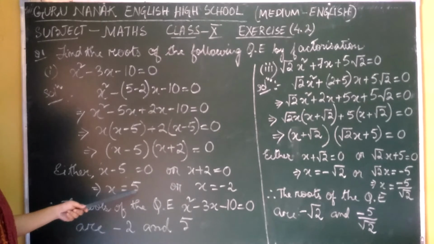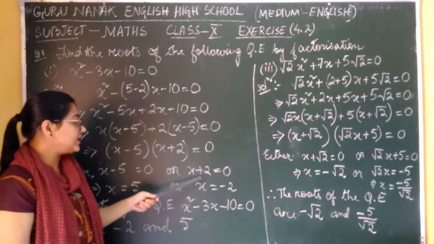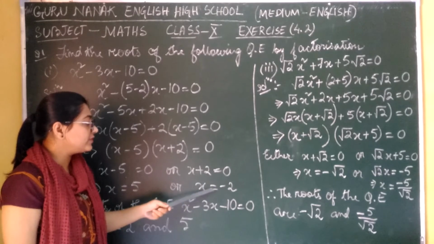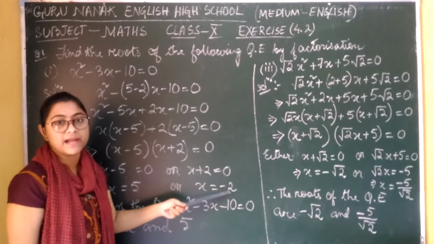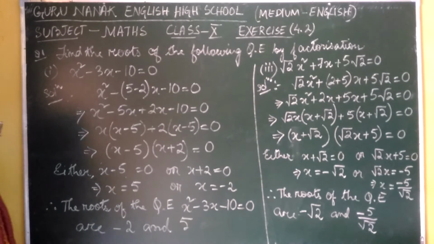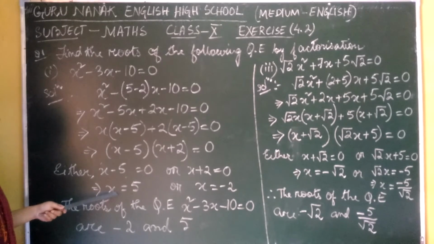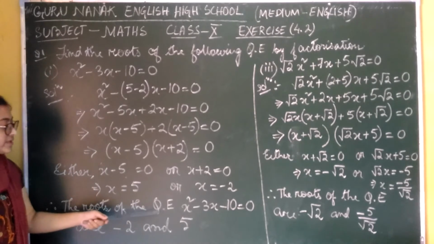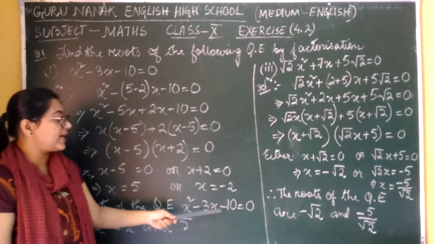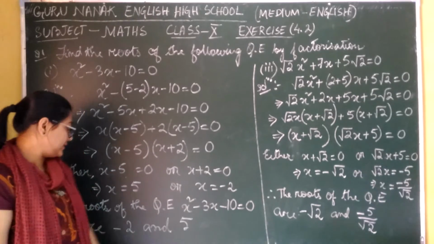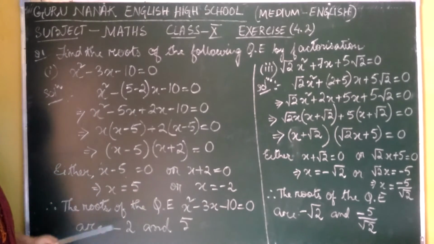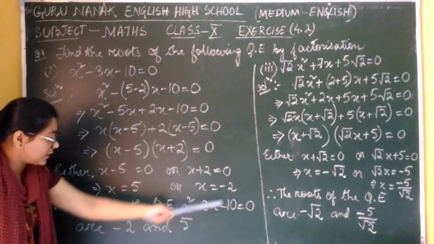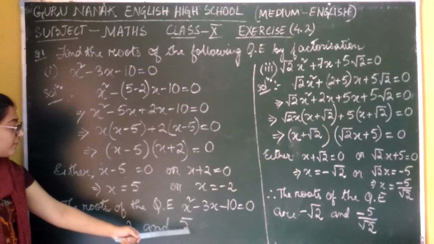Now x plus 2 equals 0, and if we take 2 to the other side, it will become minus 2. Now we are getting two values of x. Therefore we can conclude the roots of the quadratic equation x squared minus 3x minus 10 equals 0 are minus 2 and 5.